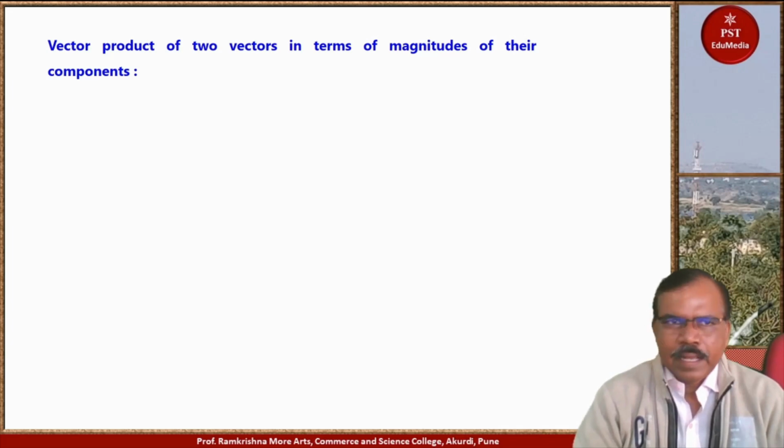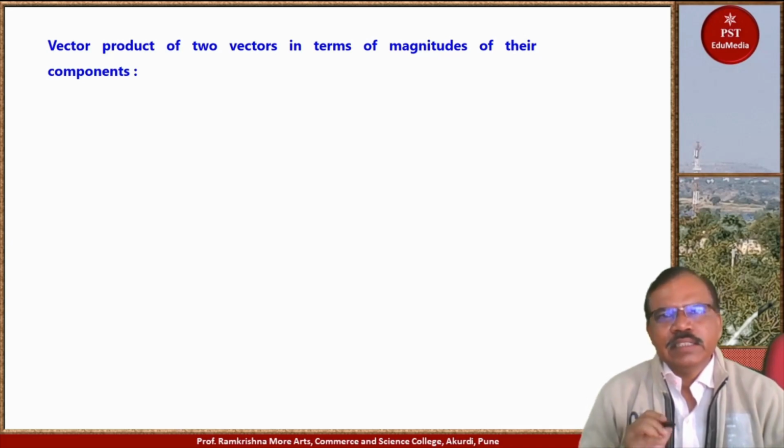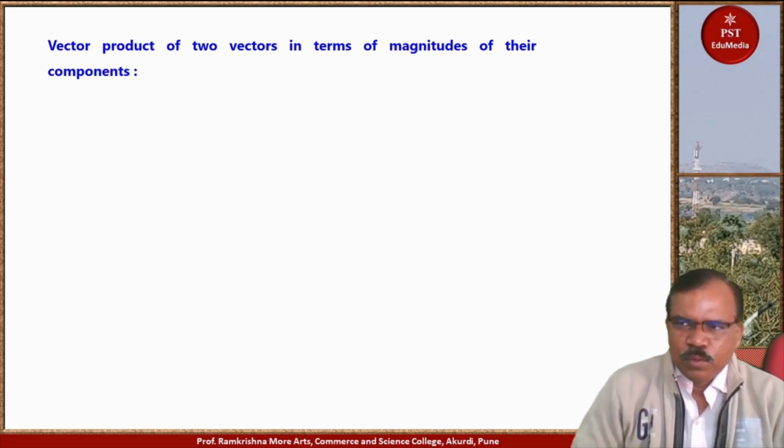Yes, sir. So the vector product of two vectors in terms of magnitudes of their components.